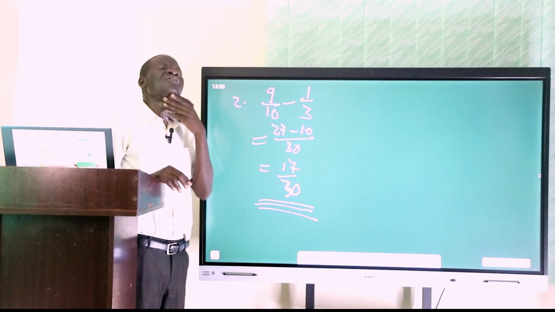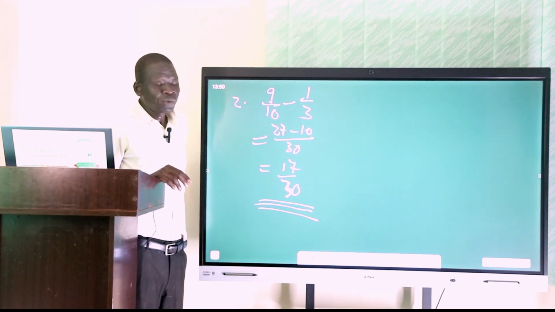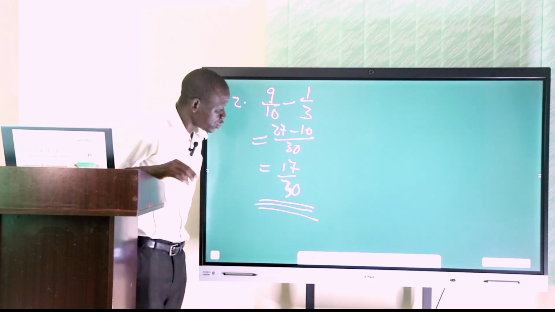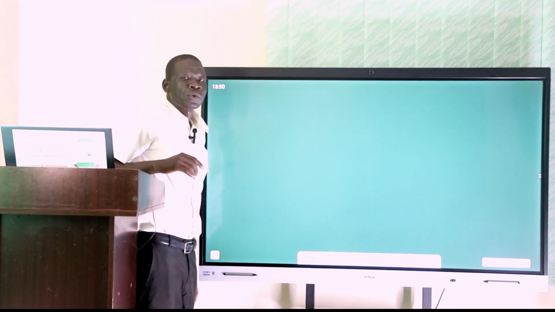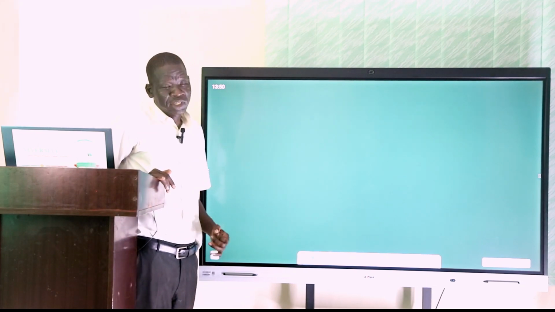We said that fractions can also be multiplied. So we want to see how we can multiply fractions. In order to multiply fractions, we multiply a numerator by a numerator to get a new numerator.